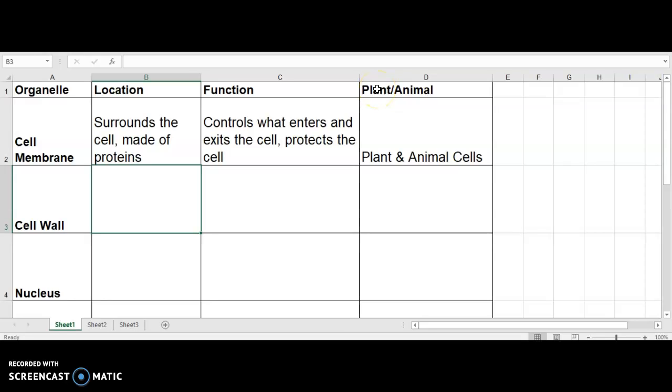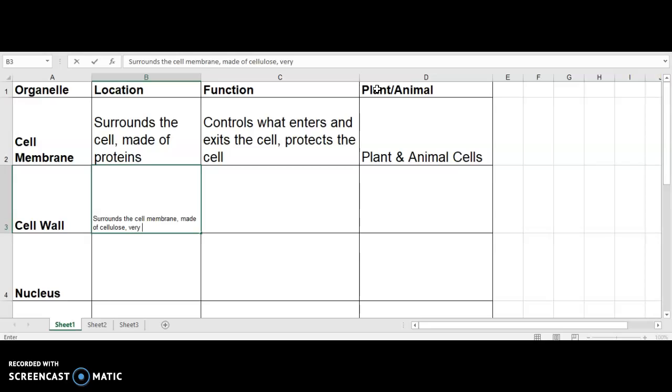Okay, then the cell wall also surrounds the cell. And actually, it goes on top of the cell membrane in cells where it's present. It is made of cellulose, so it's harder than a cell membrane.